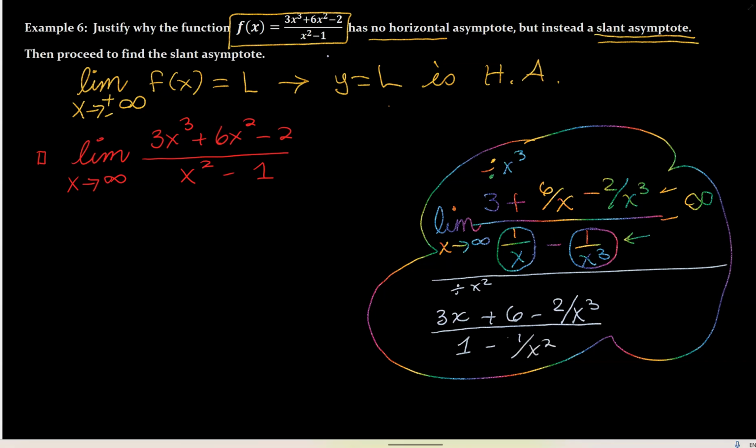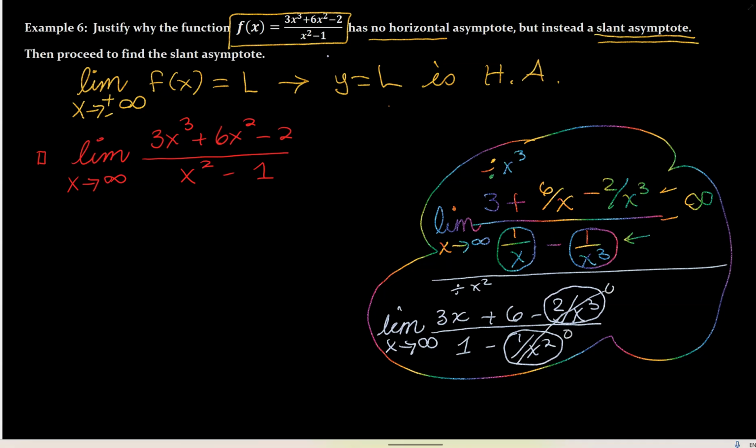Then when you take the limit as x goes to infinity, 1 over x will go to 0, 1 over x squared will go to 0, and 2 over x to the third will go to 0.